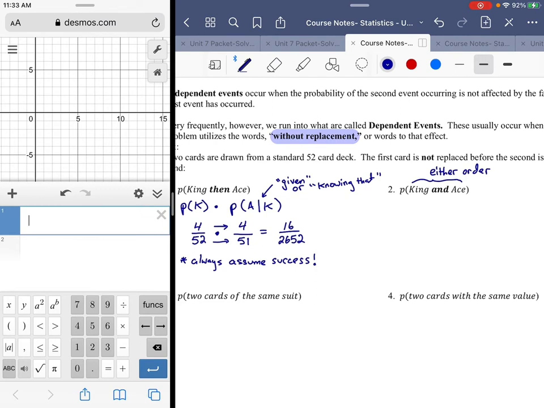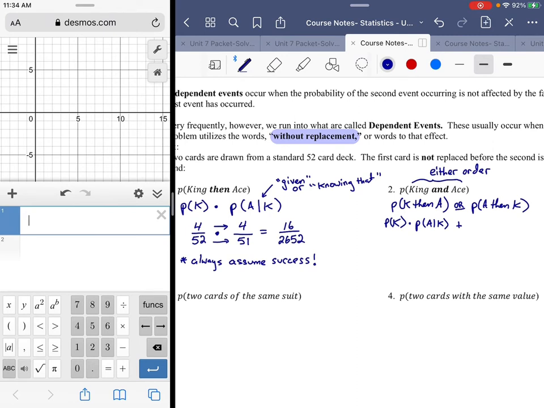So it could mean that we got a king and then an ace, or maybe we got the ace then a king. So we interpret this exactly the same way we did for the first part: the probability of a king times the probability of getting an ace given that the first card was a king, or means plus, it's always going to mean plus, it's the addition rule.